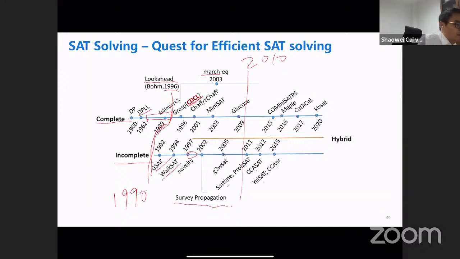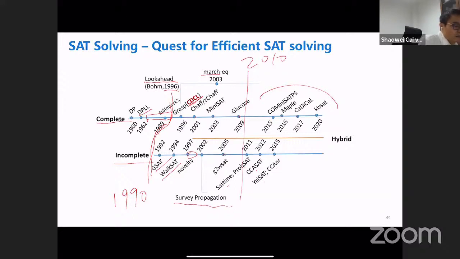And then after 2010, we have more complicated engineering aspects. So it's not about the main principle or the algorithm, but there are many heuristics, many engineering aspects in the solvers, trying to improve them.